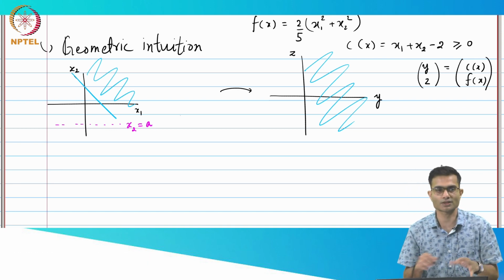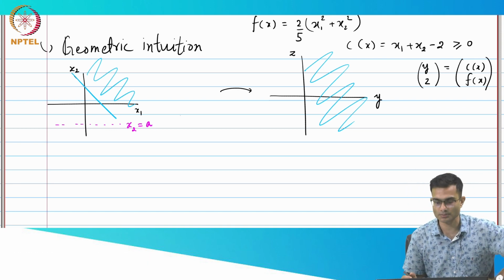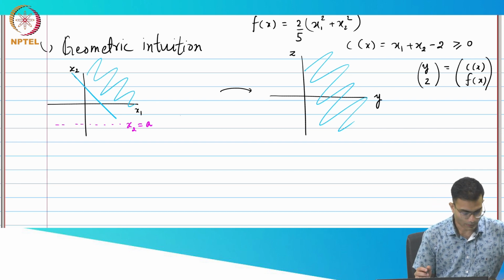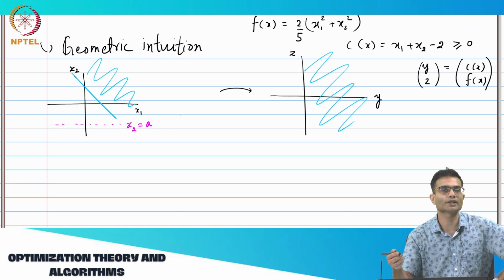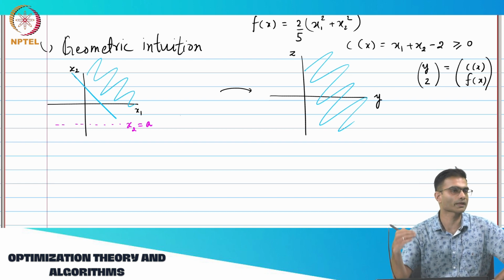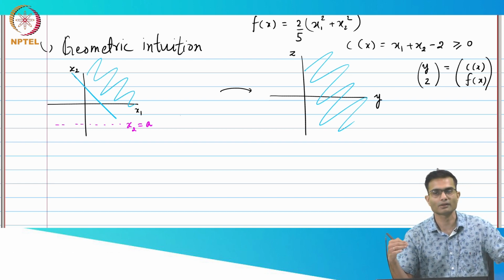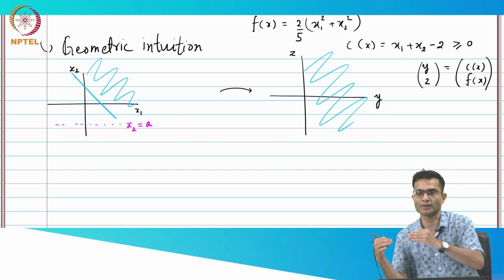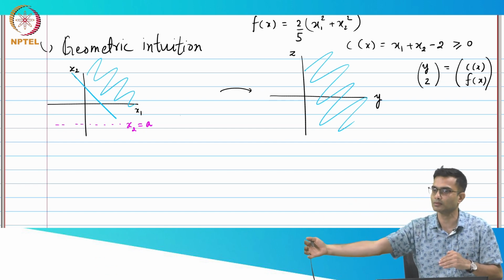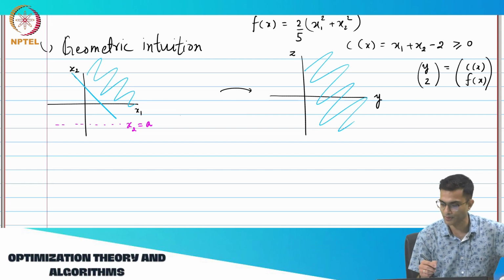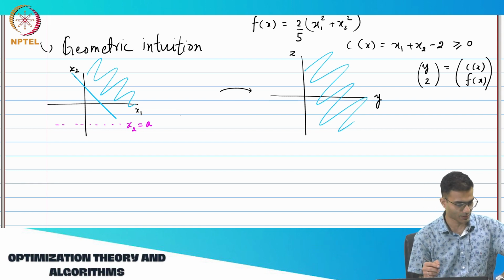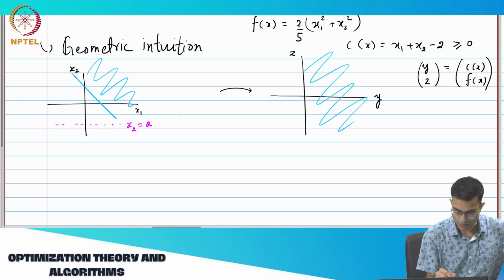There are various ways of getting this mapping. This turns out to be a simple way. So if I take x2 equal to a as a line, I now need to get some relation between y and z, and that will tell me a line in the x plane got mapped to a certain curve in the yz plane. So I need a relation between y and z. So let's proceed with that.